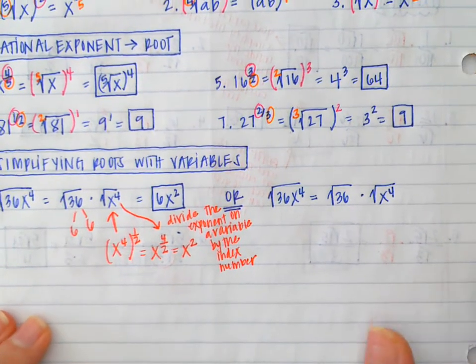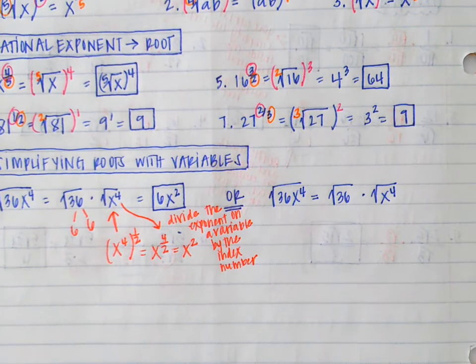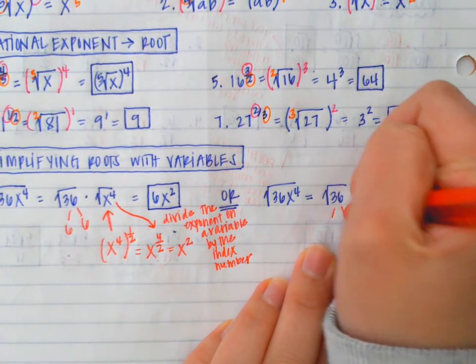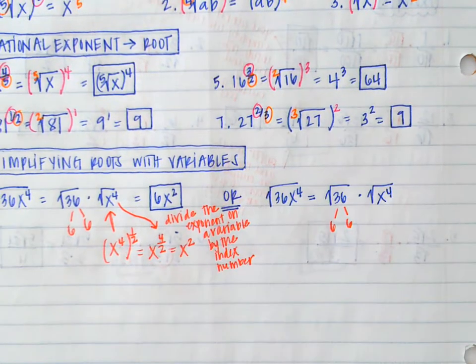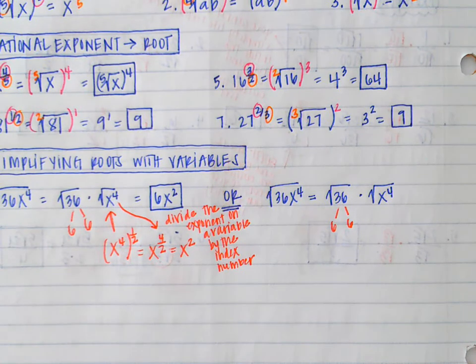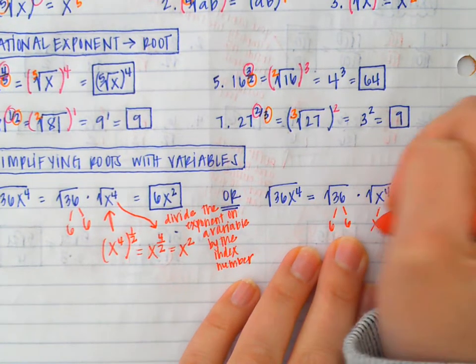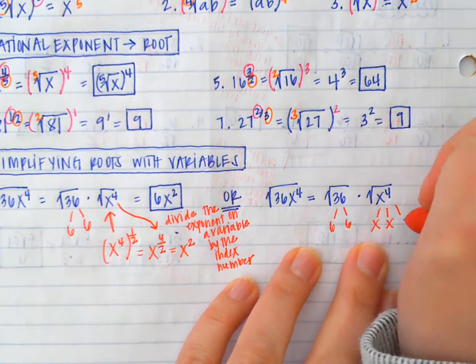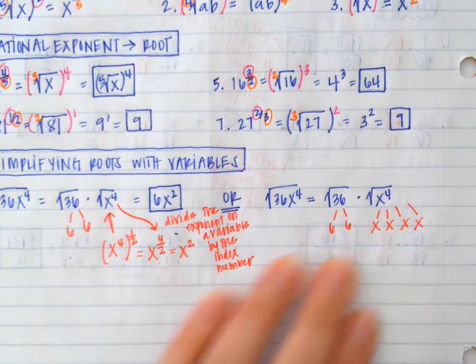So we know a square root is trying to find a group of 2 of the same things. And with 36, we know, okay, that's 6 and 6. 2 of the same things. But then with x to the fourth, we can write that out as a factor tree. X to the fourth is x times x times x times x.